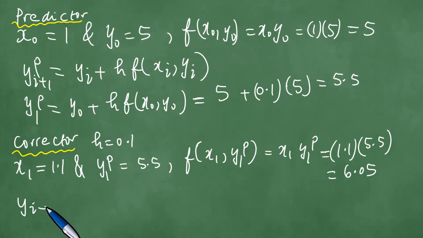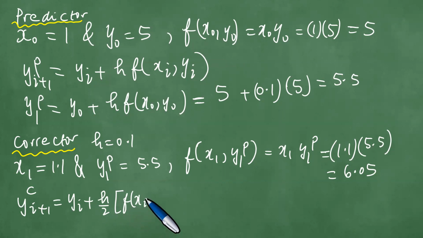It is yi plus 1 corrector, which is yi plus h over 2 into f of xi, yi plus f of xi plus 1, yi plus 1 predictor. Like so.